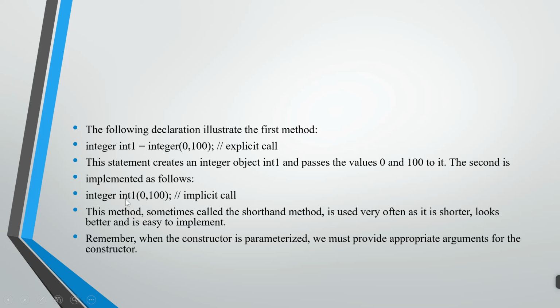We define an object with the parameters, so 0 and 100 implicitly will be loaded to the attributes by calling a constructor. So this is the implicit method of calling a constructor. This is the explicit method of calling the constructor, by defining an object equal to calling a constructor by passing the parameters.